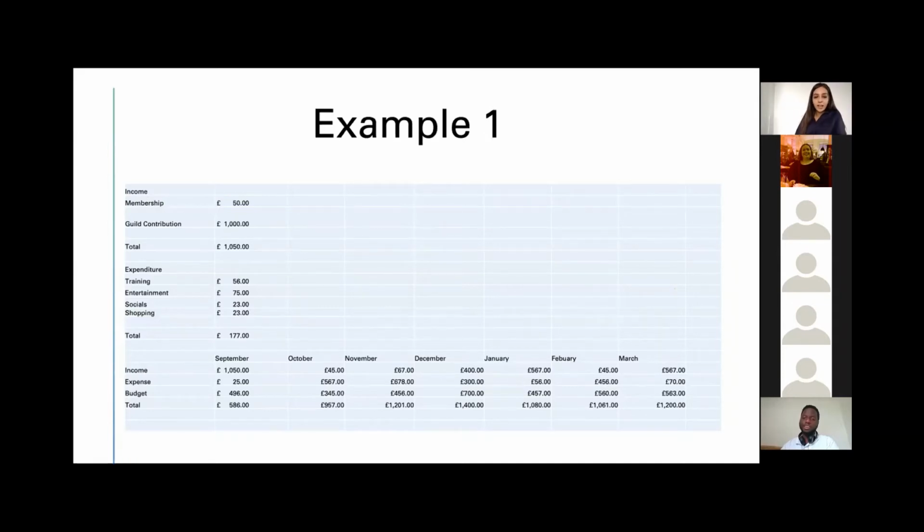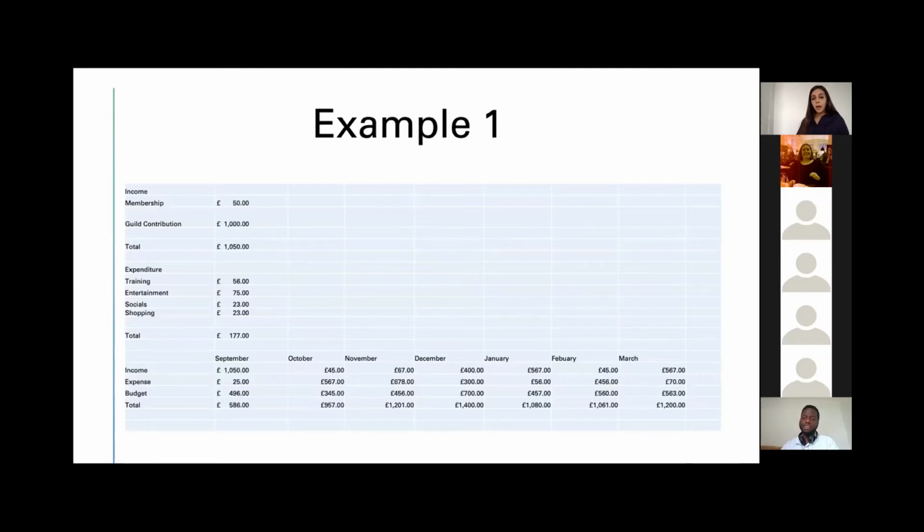So we've got here, income tends to be membership and guild contribution. From when I was reviewing the old budget sheet, it seemed as if a lot of societies listed a big chunk of their income from fundraising, and not a lot of fundraising actually did happen last year.